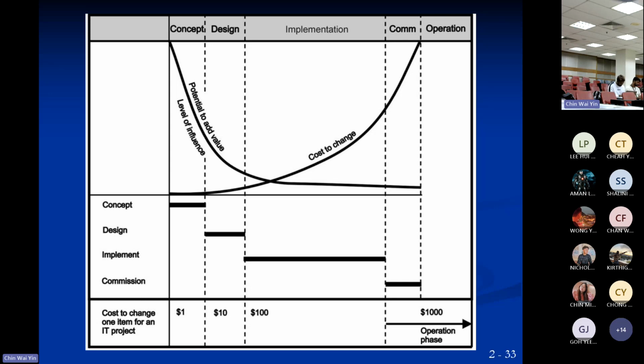Very low. So that's why we call it level of influence as you move along the project, because the company already spent resources, money, and time to complete the project. So the level of influence of anyone who says, hey, let's change, plateaus, unless you're the prime minister.